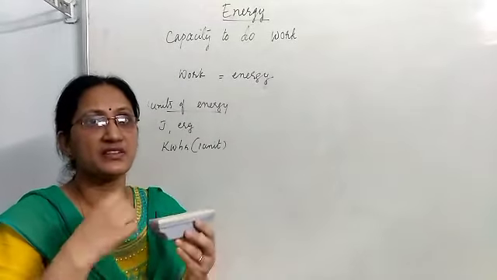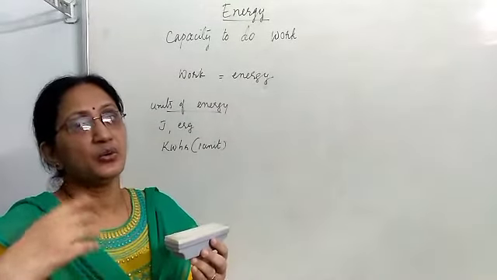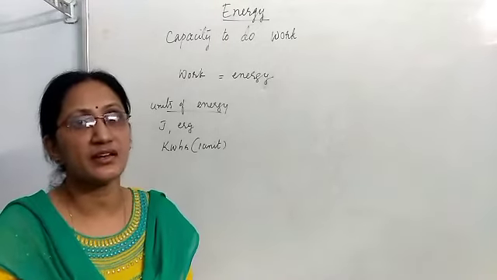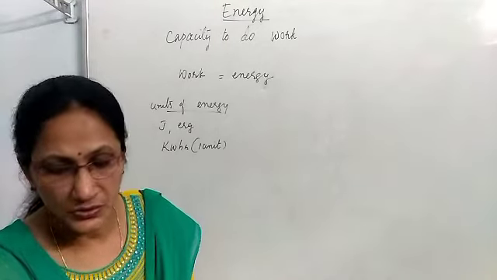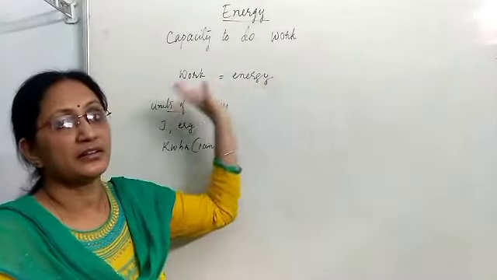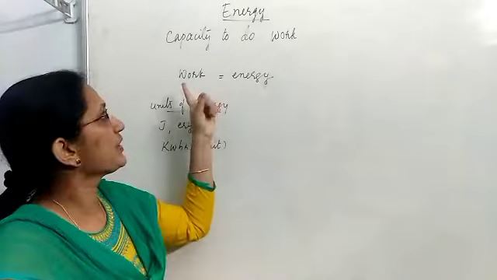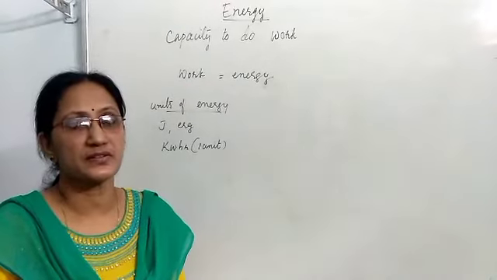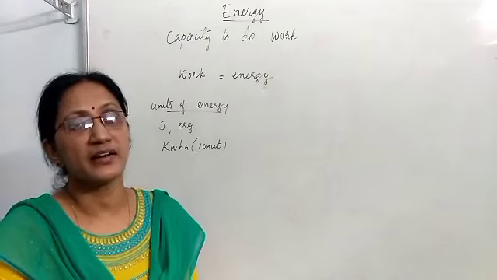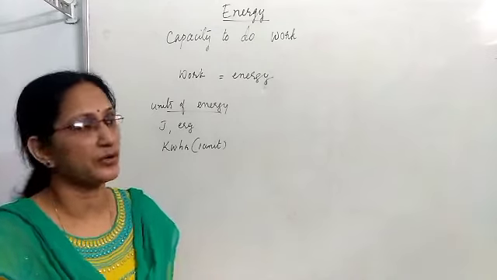The body which does the work loses the energy. The body on which work is done gains energy. So work done and the energy are equal. That is known as work energy equivalence. Work done by a body is the same as the energy spent by the body.